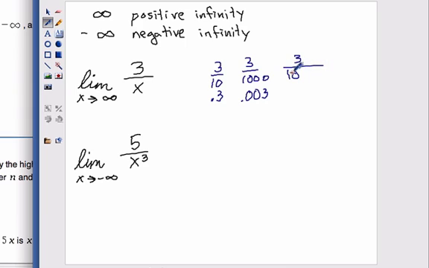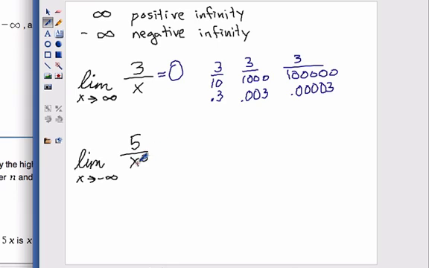I'm just picking these numbers, but they could be any number. You can see that as x gets bigger, this value gets smaller and smaller and closer to what value? It's getting closer and closer to 0. And that's what this identity is saying.